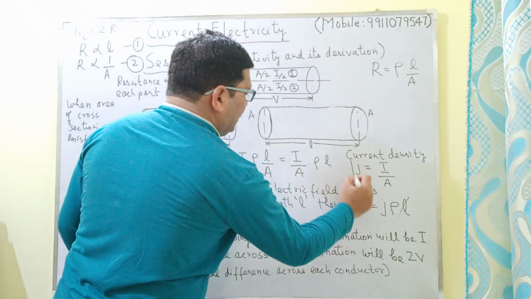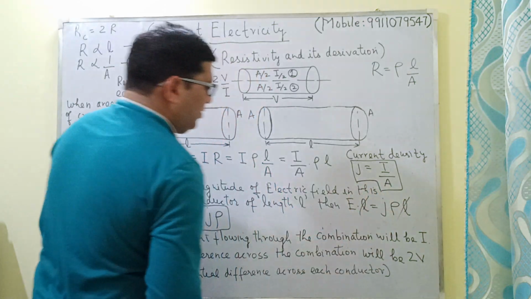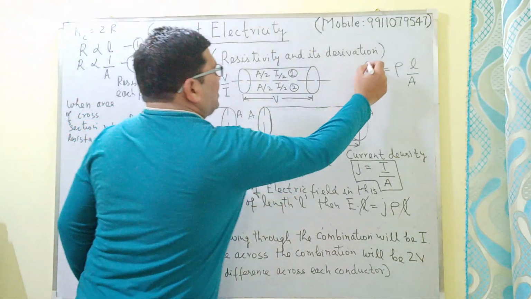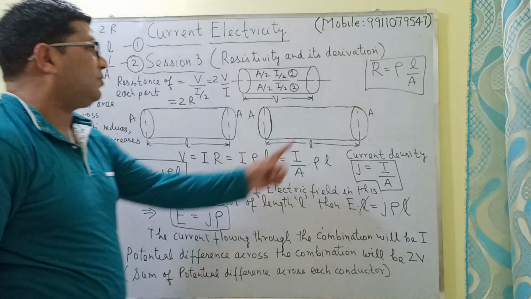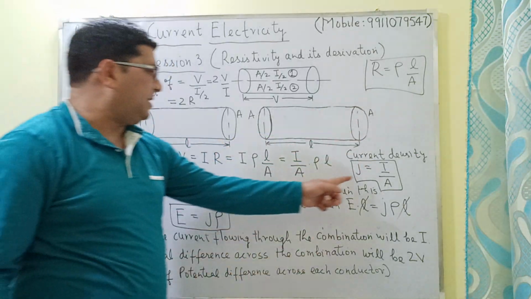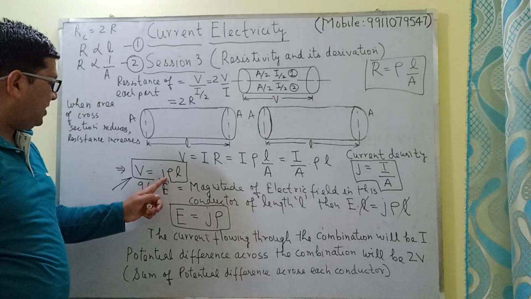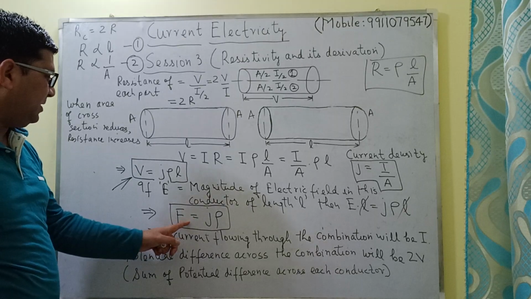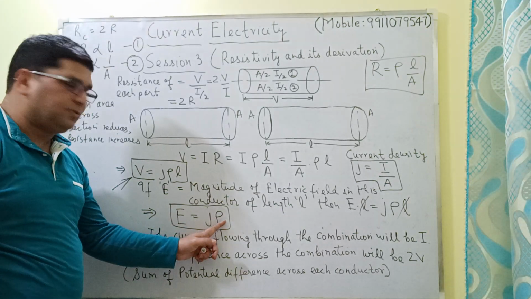And J is equal to I upon A also needs to be remembered by all of you. Then R is equal to rho L upon A. Next is current density, which is equal to I upon A. Third is V is equal to J into rho into L. Fourth equation is that the intensity of the electric field is equal to current density into the resistivity of the material.